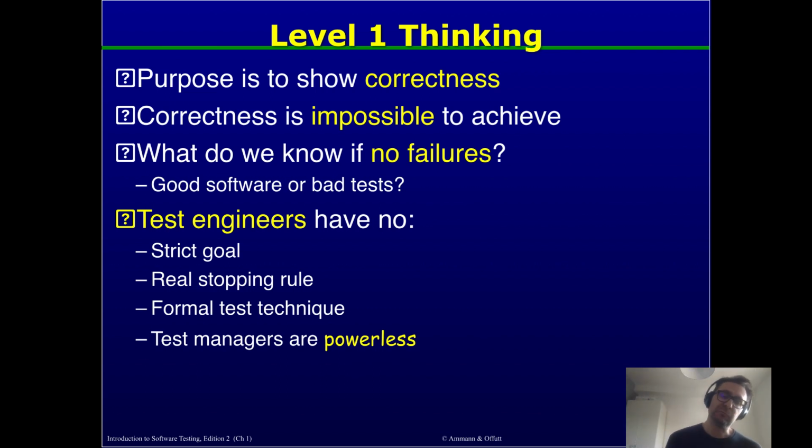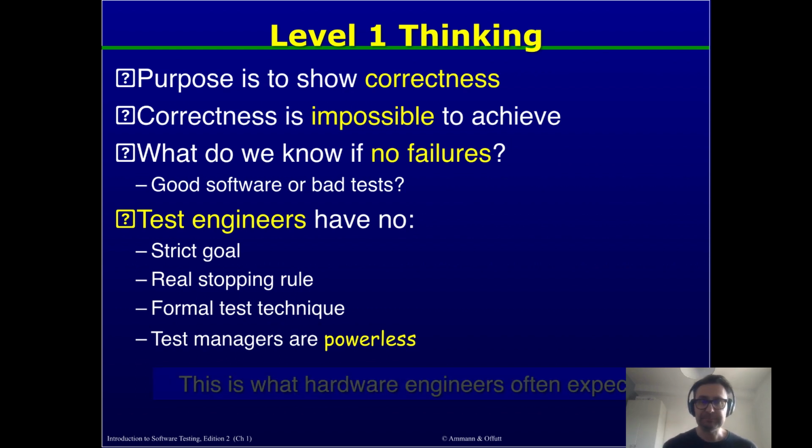And they have no formal testing technique, so a lot of the testing on level 1 is based only on experience or heuristics for what we should test and how we should do it. And managers that are supposed to run the quality and testing often are not listened to in the overall project management or at the company level, if most of the company is on level 1.